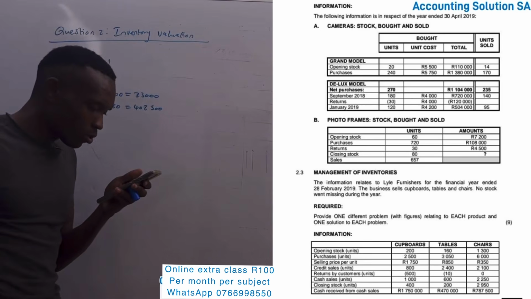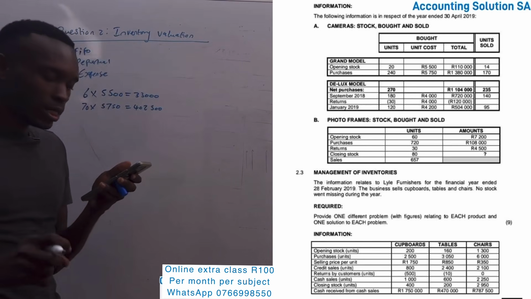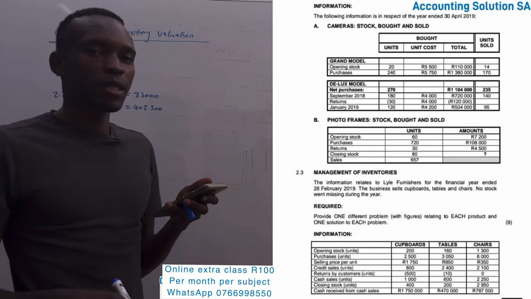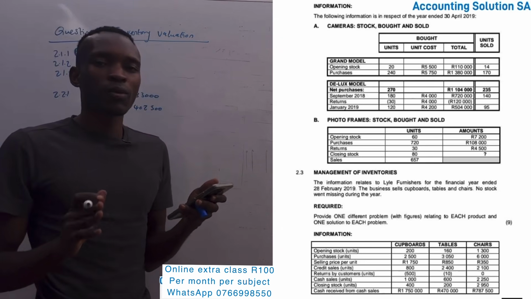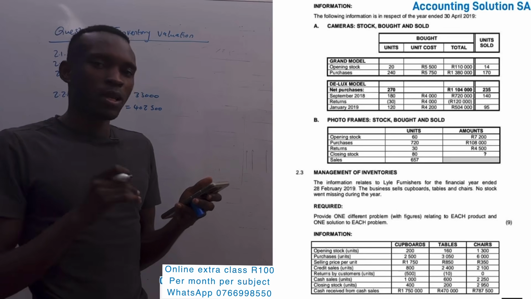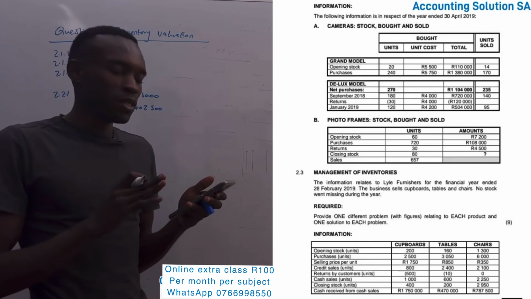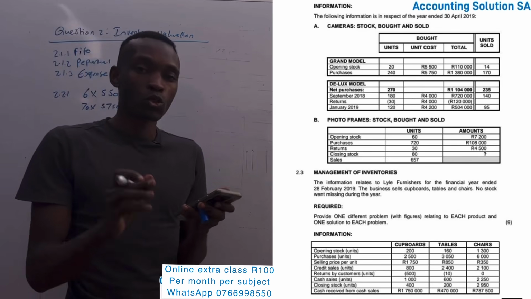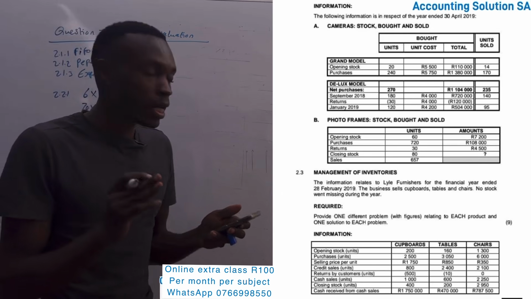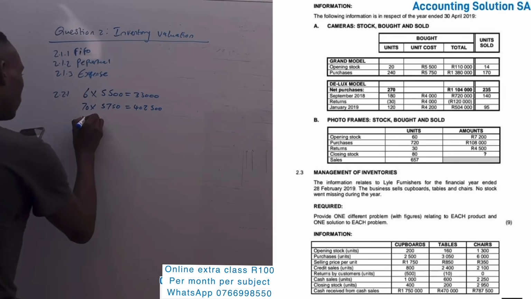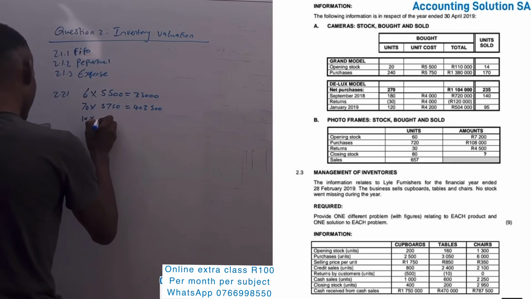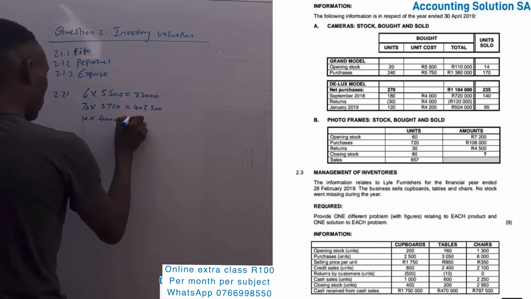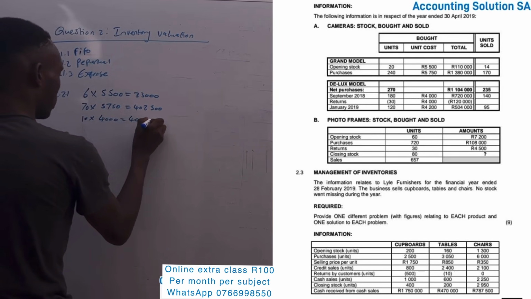Then the one on September, there was 180, but out of 180 they returned 30, which means that out of 180 we have to subtract 30 first. We're going to be left with 150, and after that we compare 150 with 140 that has been sold, which means that we remain with 10, multiplied by the price of 4,000, and we're going to get 40,000.